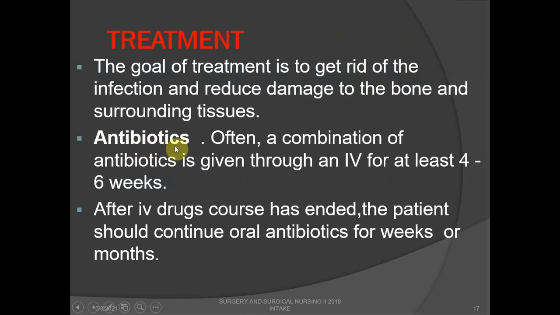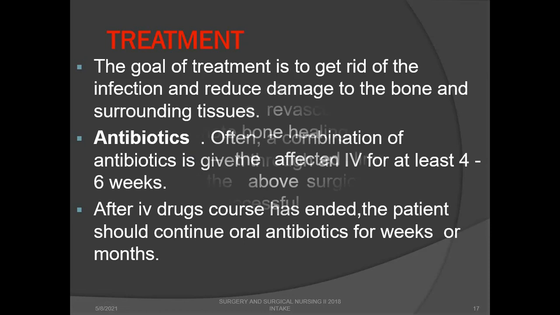Often a combination of antibiotics is given through IV for at least 4 to 6 weeks. After the IV drug course has ended, the patient should continue oral antibiotics for weeks or months.